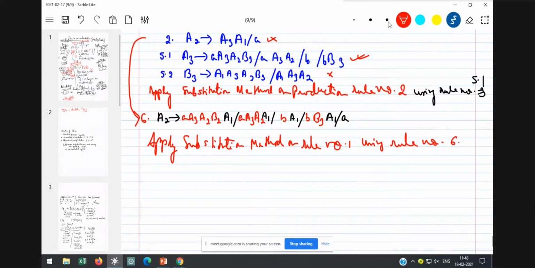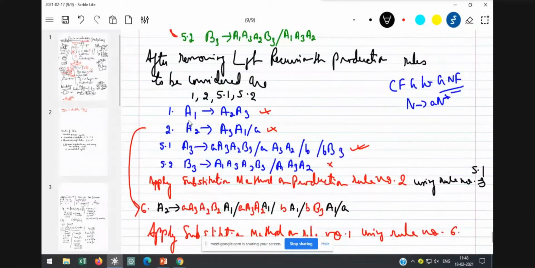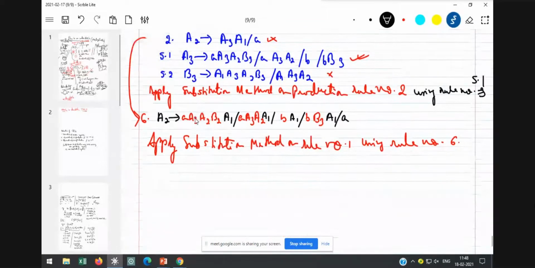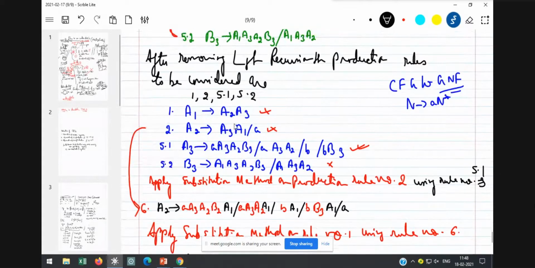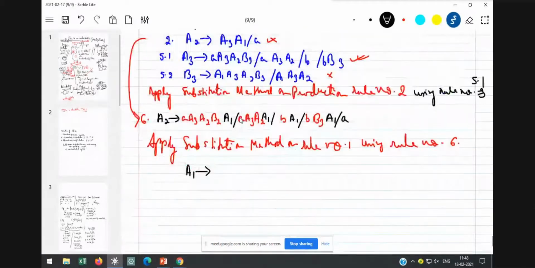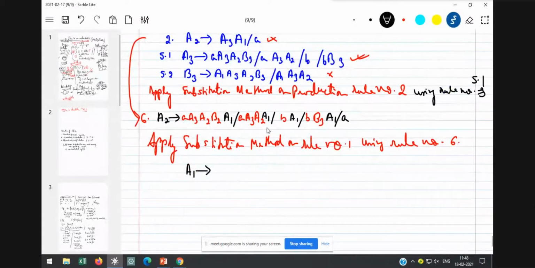Okay, now let me write production rule number 1. Let me write A1 replaceable by A2, A3. How many A2 derivatives are here? 1, 2, 3, 4, 5.